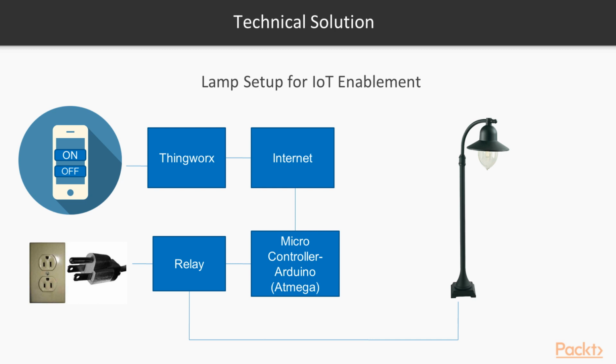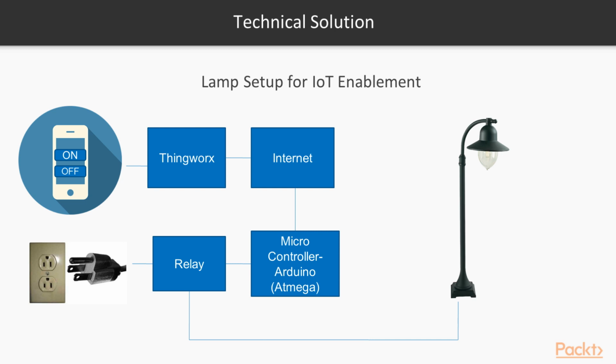Now when you send a signal to switch on from your mobile device, at a very low level, at the microcontroller level, it's going to send a high signal to the relay, and when it gets a high signal, the relay is going to close the circuit between your lamp and your power cord, and hence the power supply is given to the lamp and therefore your lamp is switched on.